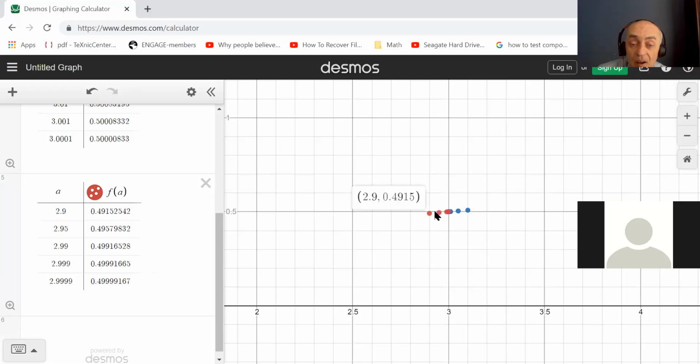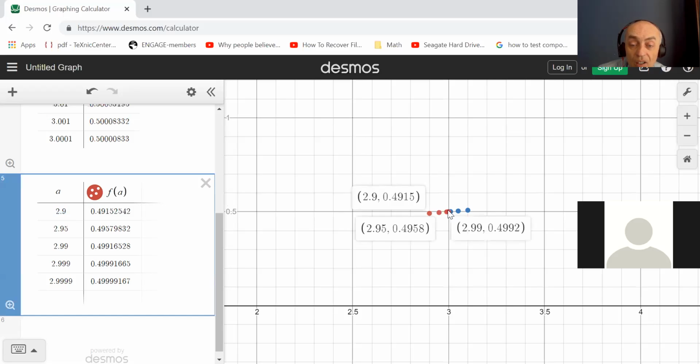So these numbers that are plotted here, you can see 2.9 and 0.4915, that's the first number here. The numbers plotted here approach a common value, which is 3 comma 0.5.